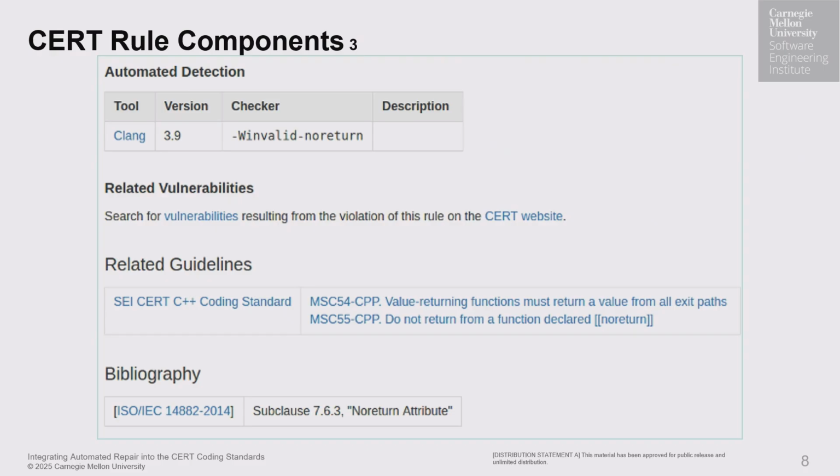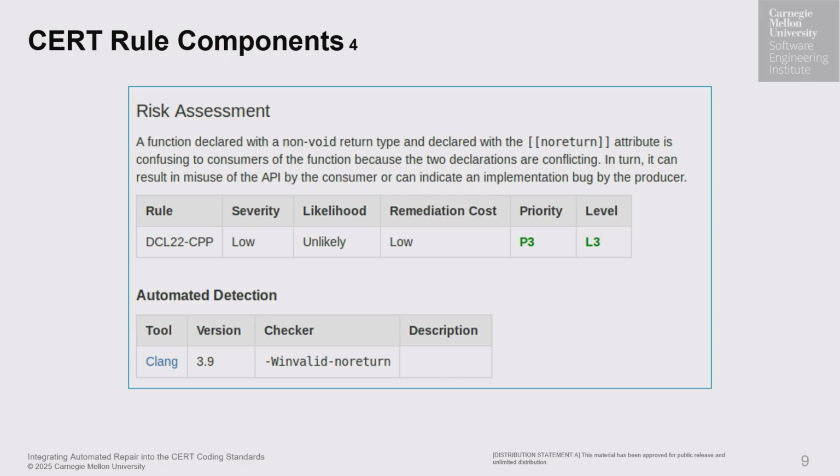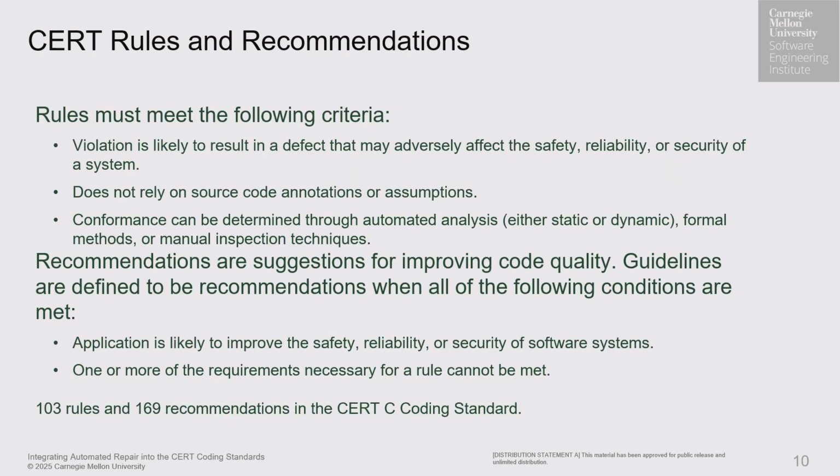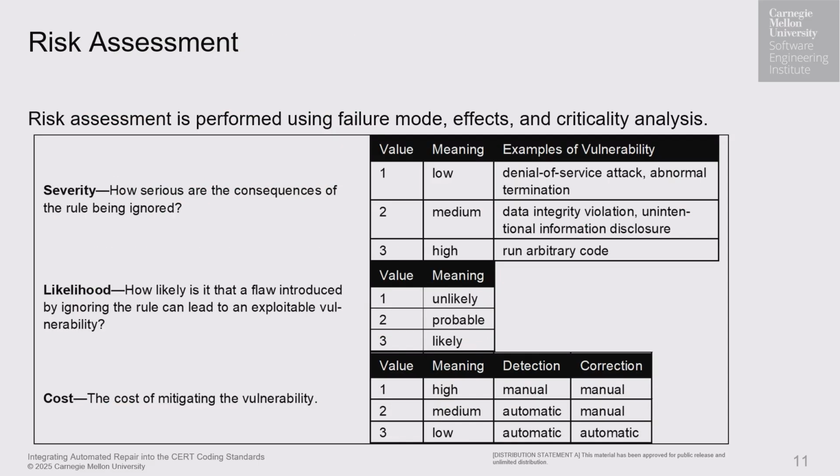The most important stuff after this is the risk assessment, because it contains several metrics that can show you things about the severity and the remediation costs of each rule, and I want to go into these more precisely because this becomes important in the course of the rest of the lecture.